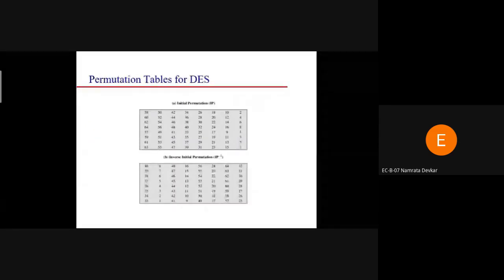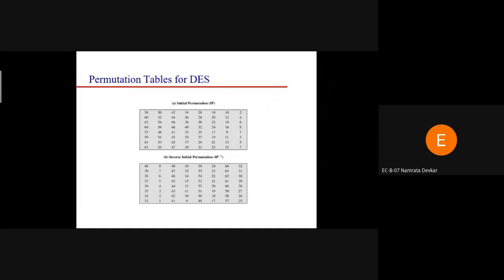Here we have one standard table for initial permutation and inverse initial permutation. We have 64 bits, and the 64 bits are arranged in a proper order. There are 8 rows and 8 columns.